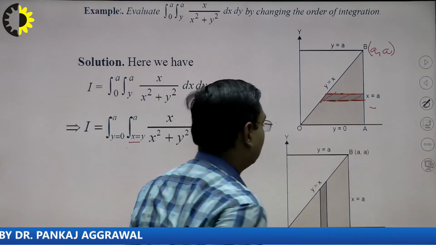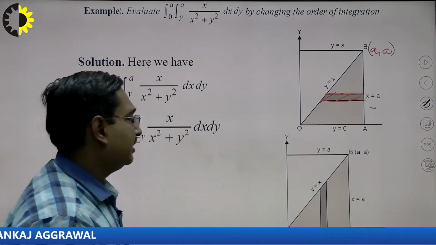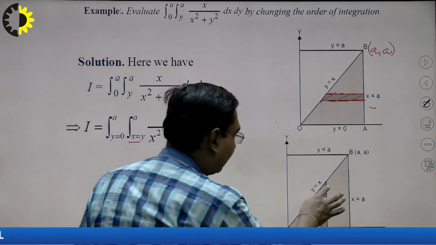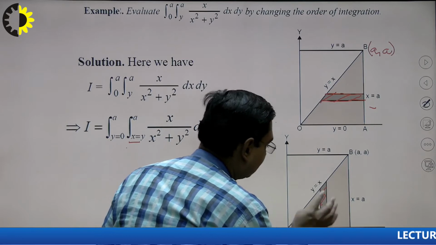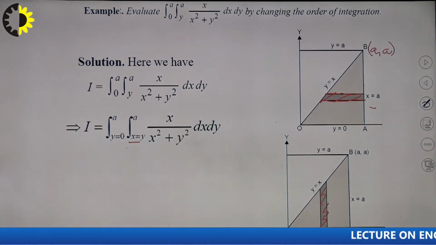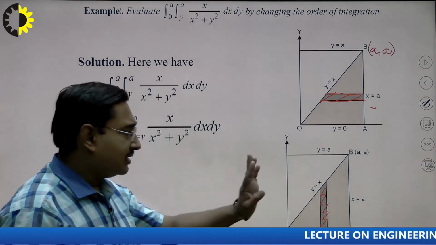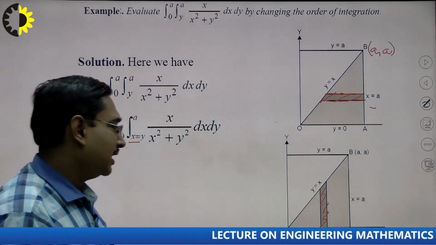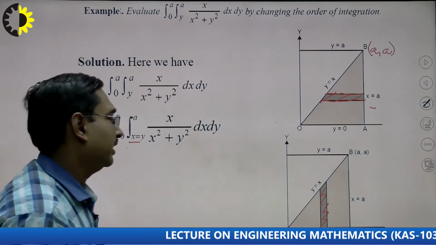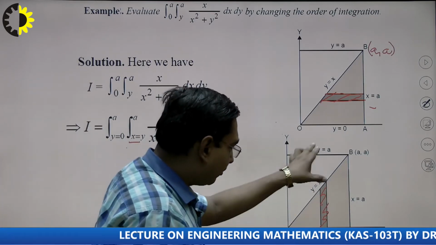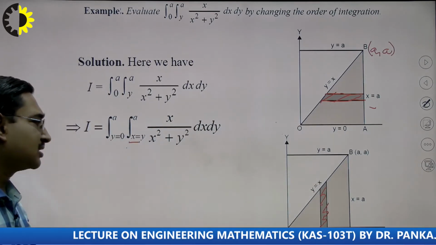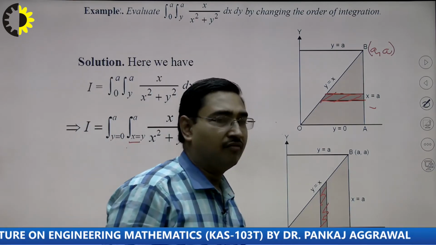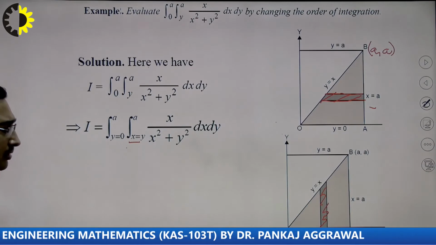Therefore I slice the region into vertical slices. This is an elementary slice which is drawn here. Because the slice is this time parallel to the y axis, the limits of y will be calculated with the help of the ends of the slice, and the limits of x will be calculated from the extreme points of the region.